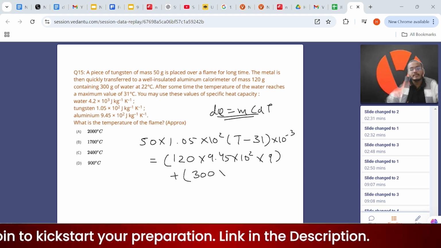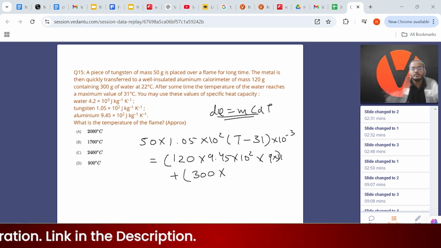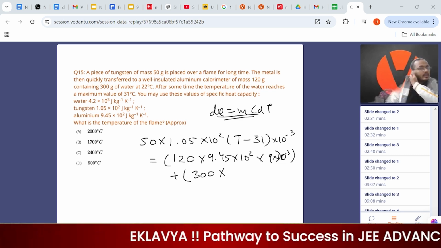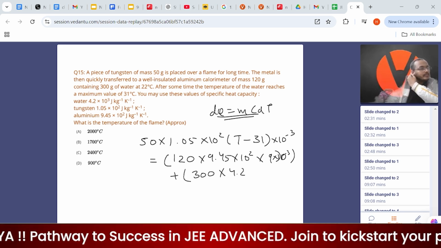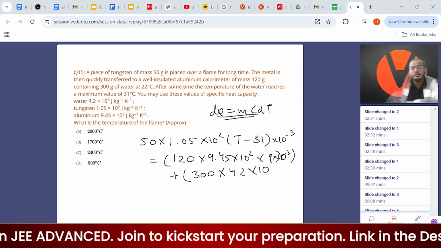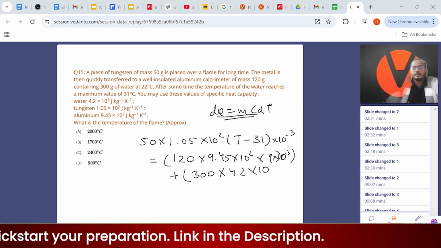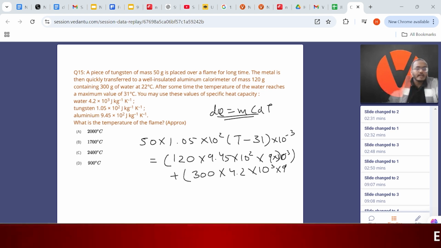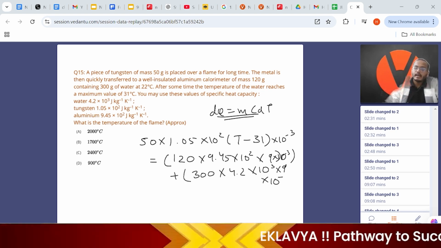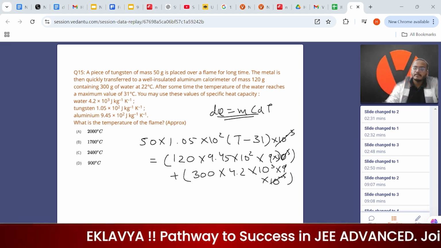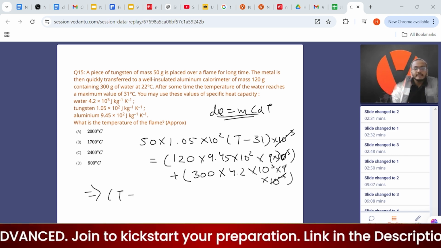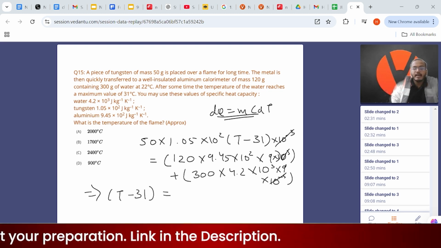Plus for water it will be 300 into 10 raised to the power minus 3, obviously, for conversion of gram into kilograms. 300 into water's specific heat is 4.2 into 10 raised to the power 3. Again, temperature difference is 9 into 10 raised to the power minus 3. See, 10 raised to the power minus 3 will get cancelled out as I told you earlier. So at this time, the thing that is remaining is T minus 31.